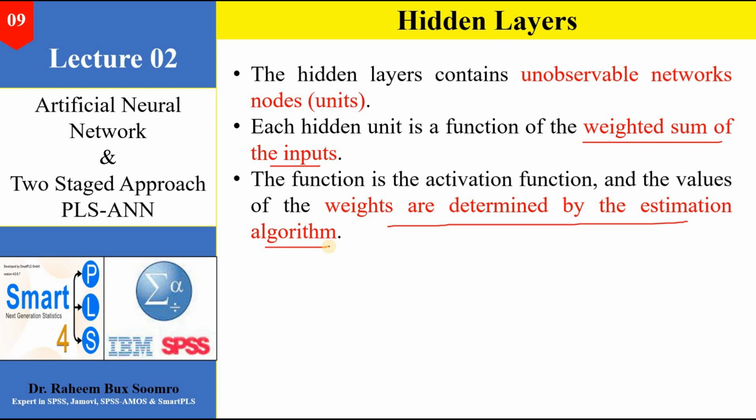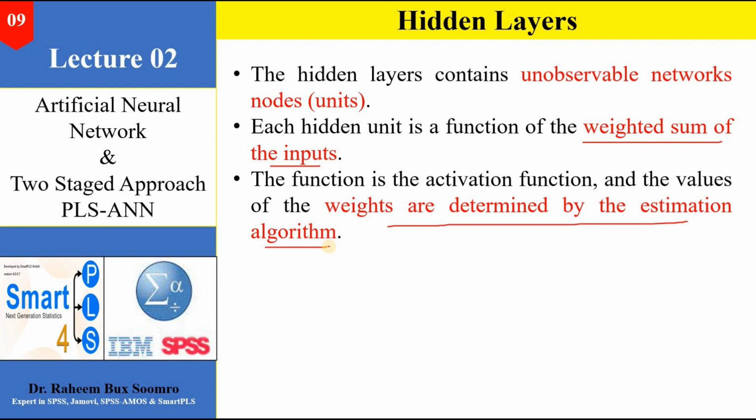One more thing here: an artificial neural network can be a good substitute for regression modeling, multiple linear regression, or binary regression. Binary regression is when we have two options in the dependent variable, like yes or no, male or female.